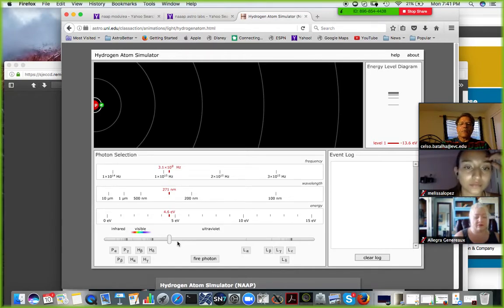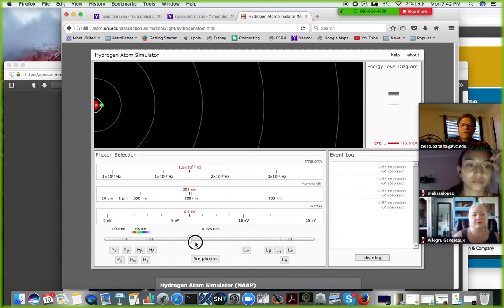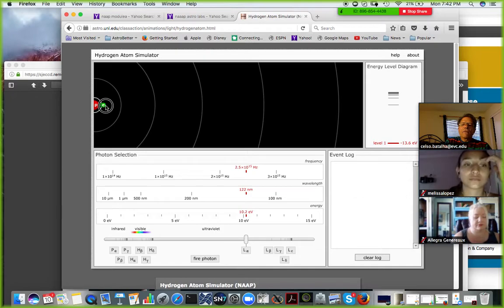So look at an example. Imagine this is an atom that is minding its own business, and then you shoot a particle of light at it. It's not going to do anything. You can shoot as many as you want, and these particles of light will just pass by the atom and not bother it. But look what I'm going to do. I'm going to shoot a photon that has a color, a wavelength, that is just good enough to take this electron from this orbital and send it right here.